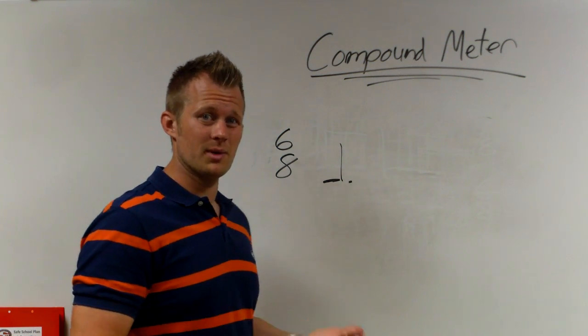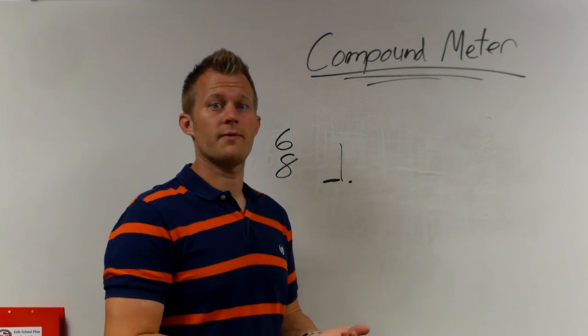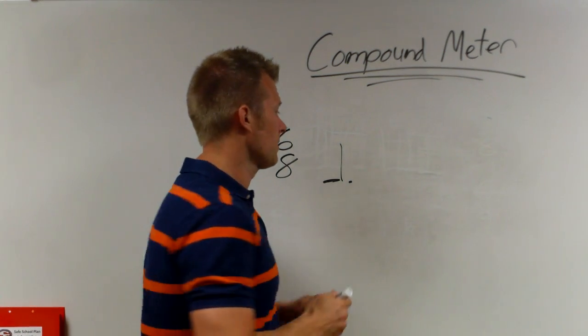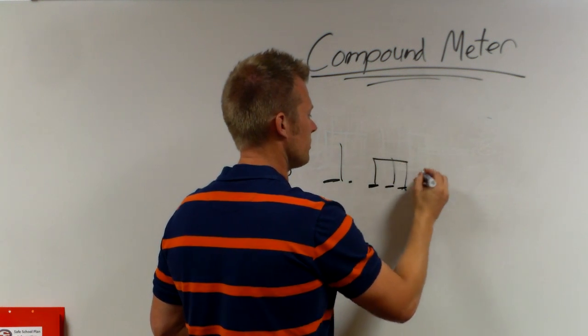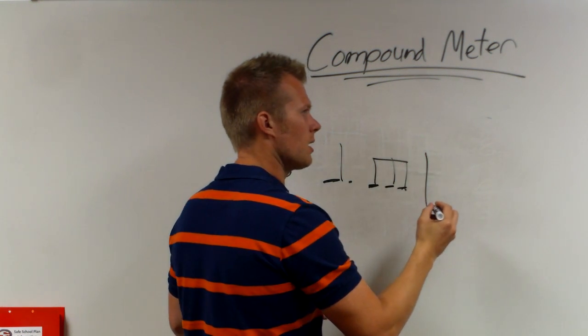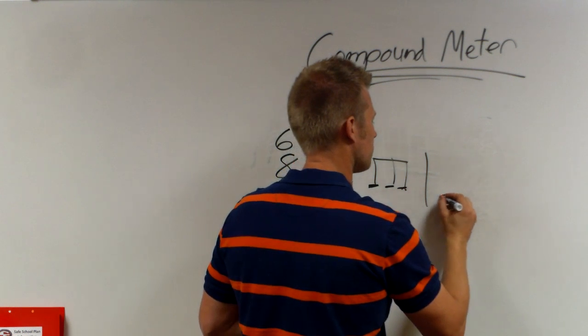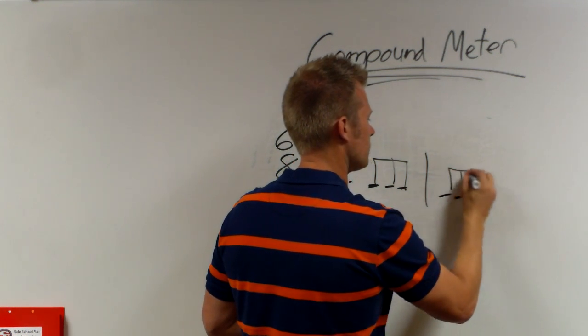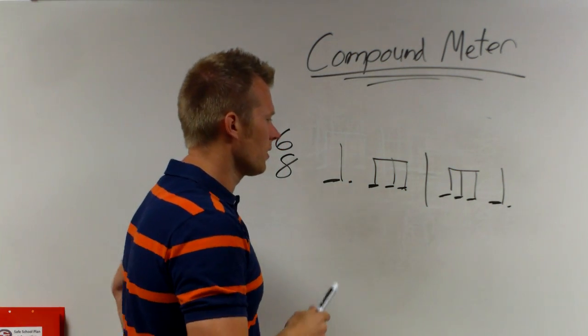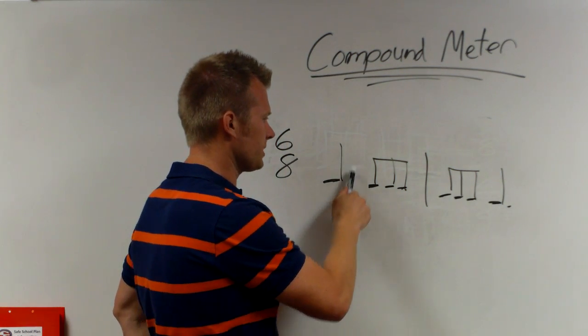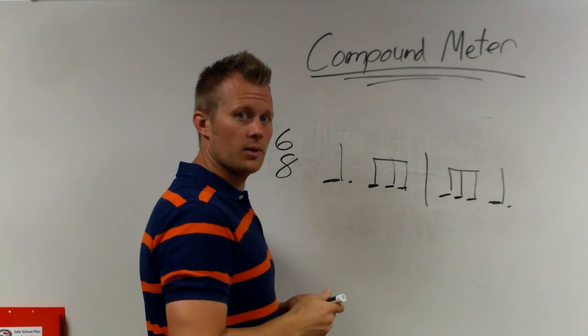So the dotted quarter note gets the beat. Every time that you tap your foot, you're going to feel a dotted quarter note. Okay? And then I'll put 3 eighth notes, and for an exercise, we'll just do this time. This will take up all of beat 1, the dotted quarter note.